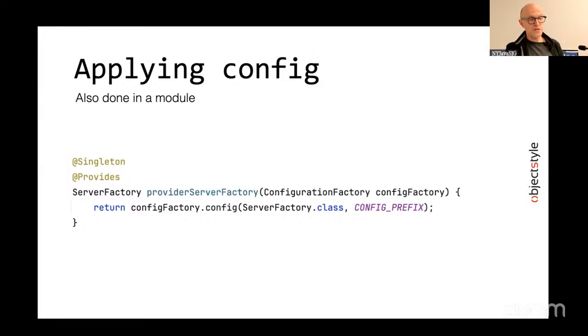So we take this configuration factory, which is a place where that JSON tree is stored, and we say, please take a prefix, find a subtree at this prefix, create the server factory, and load its properties from the JSON. Of course, it's hierarchical, so you can have an entire subtree of objects. And there's polymorphism, so you can have subclasses in configuration and stuff like that.